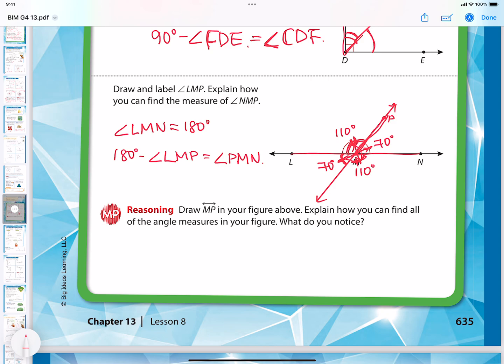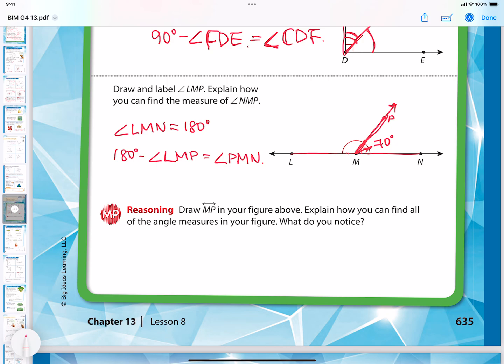Okay, now draw line MP in your figure above. Okay, MP again. Hold on, let me erase this since I need to use it again, the unnecessary thing, to solve the other question.